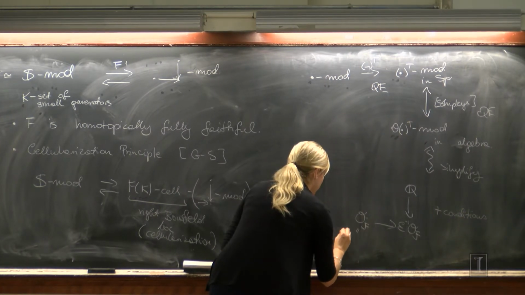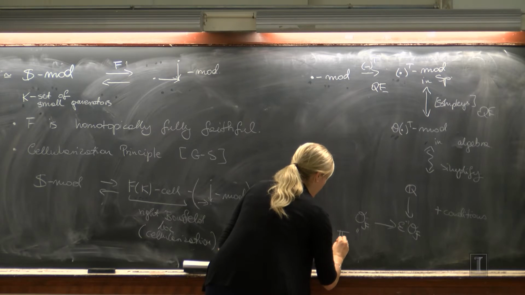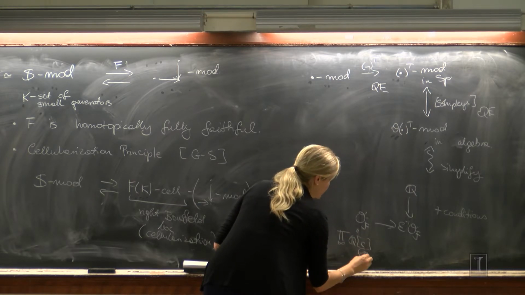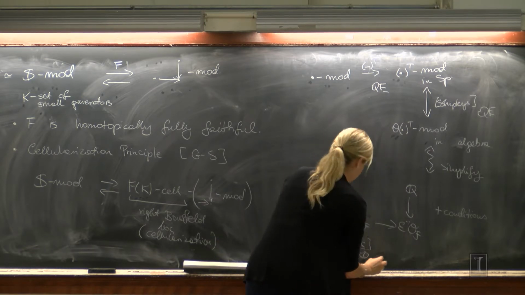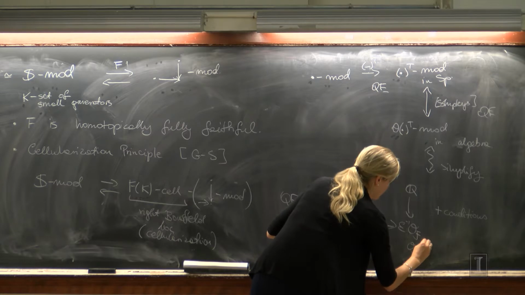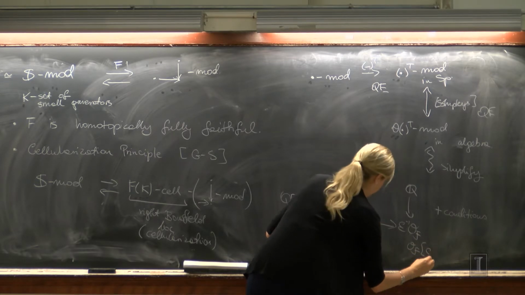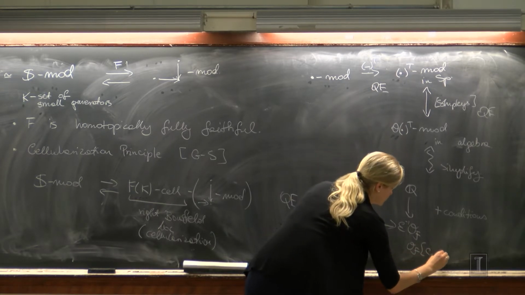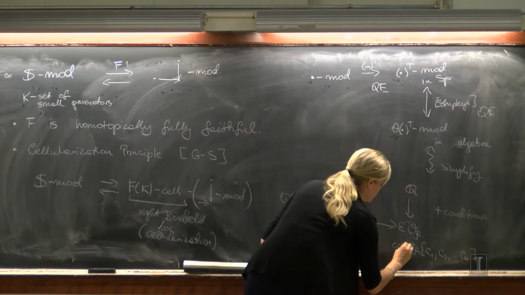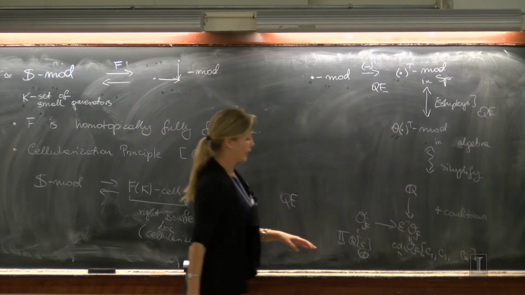This gadget is an infinite product of Q[c] in degree minus 2. This gadget is taking this thing and inverting the first c, the second c, up to c_n, and taking the colimit of those over n, this ring.